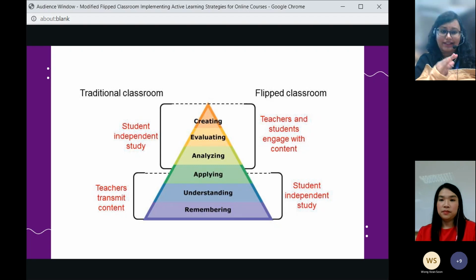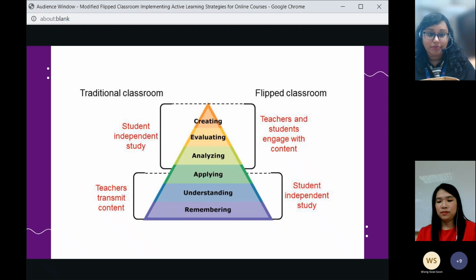All of this is an easier level, so they do it at home. When they come to class, you guide them to answer higher level thinking skills, HOT questions, HOT activities, and make them evaluate things with guidance, of course. So by using the flip model, you are assisting them, guiding them, facilitating the entire process.